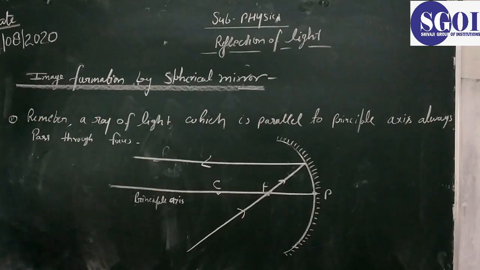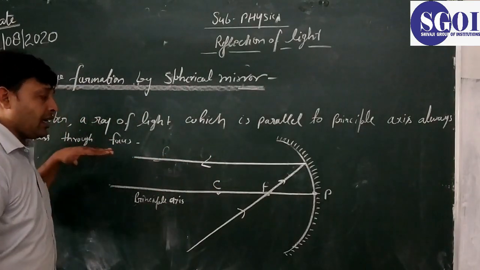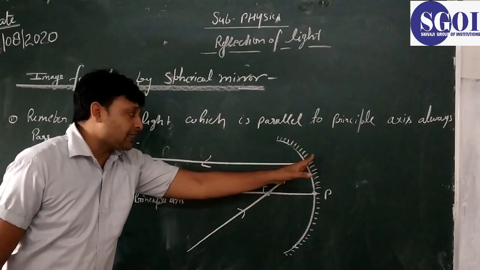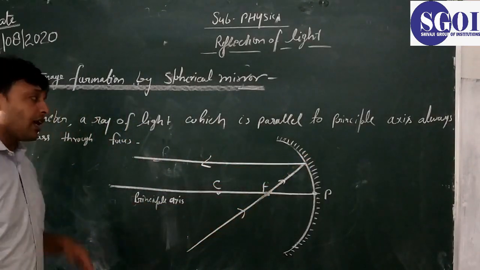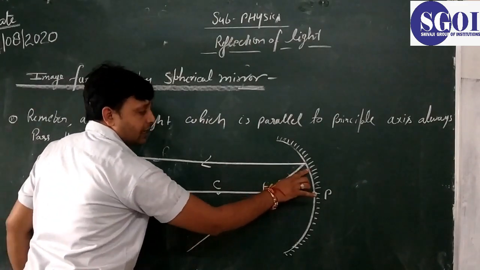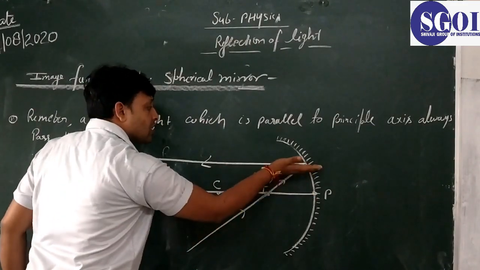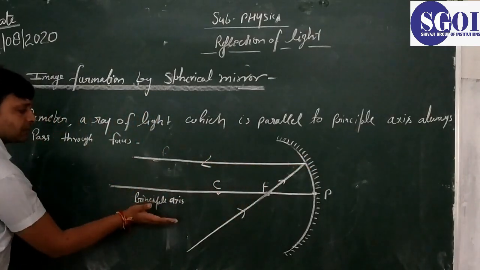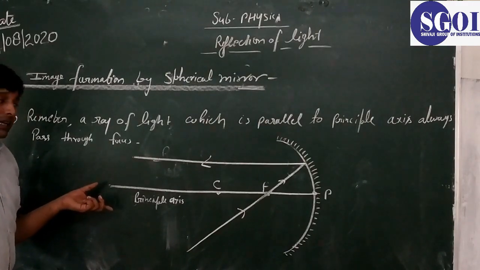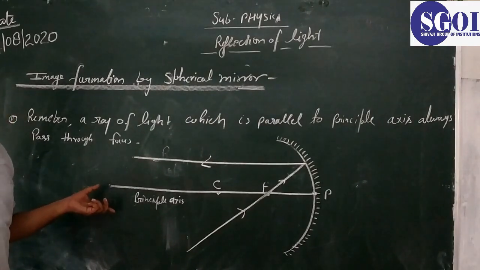If a light ray comes parallel, after incidence it reflects to the focus. If a light ray goes from the focus to the inner surface, after incidence it will be parallel to the principal axis. This is the method for the concave mirror.